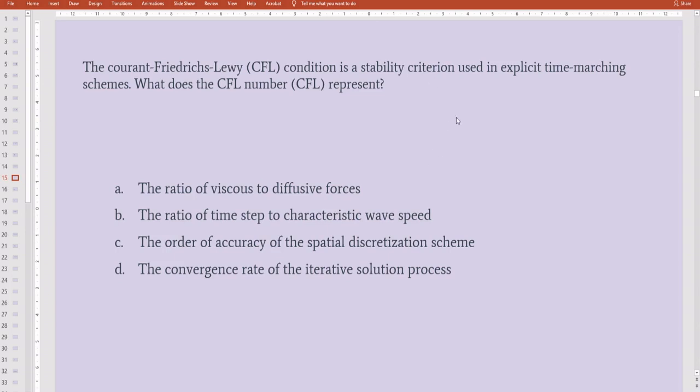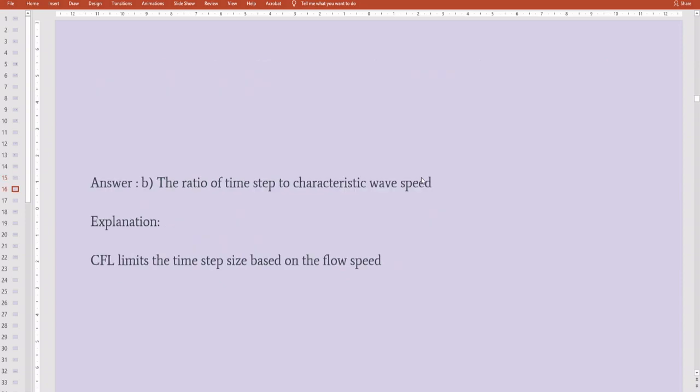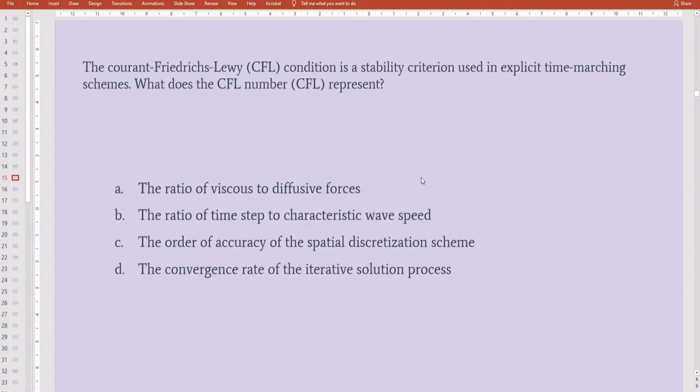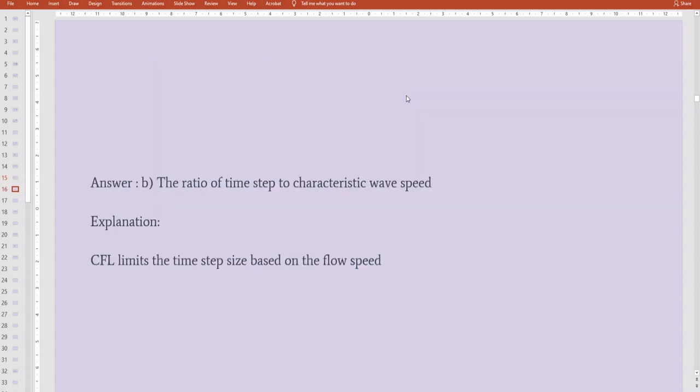So the answer is yes, you are right. The answer is option B, the ratio of time step to the characteristic wave speed.